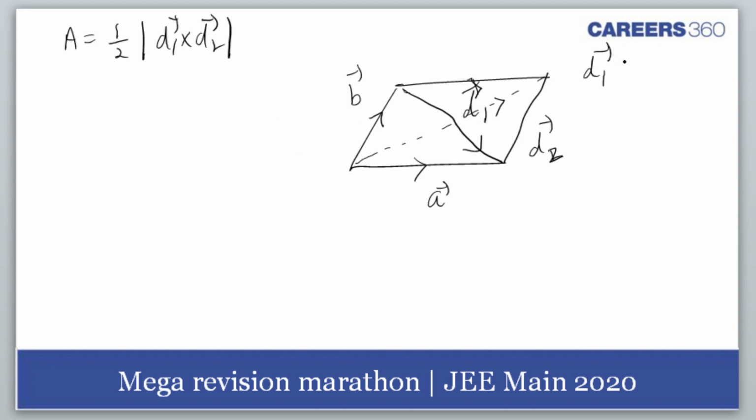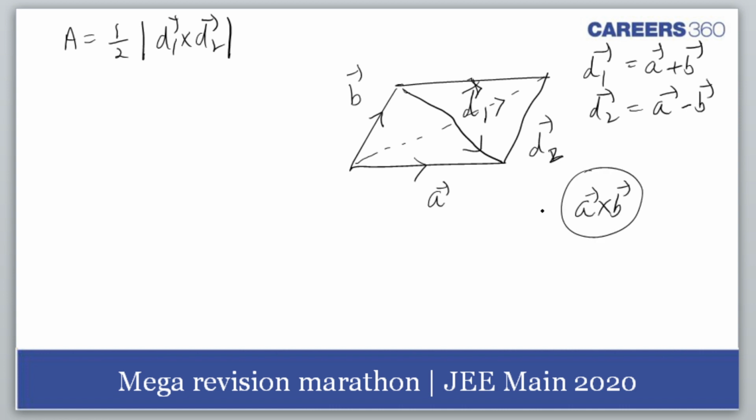D1 vector is A plus B. Am I right or not? And d2 vector is what? It is A minus B. Am I right? So the parallelogram area we know is A cross B. Mod we are taking, mod of area.